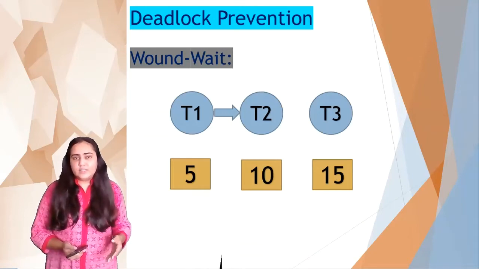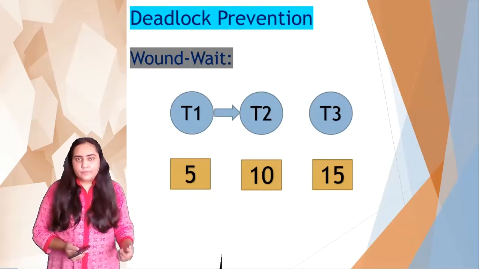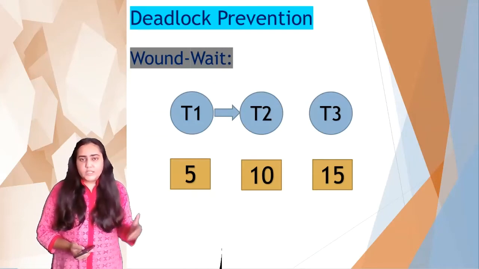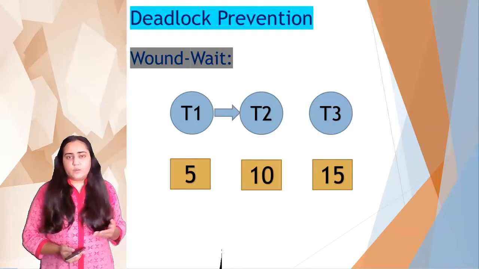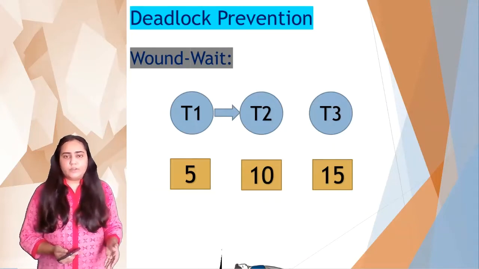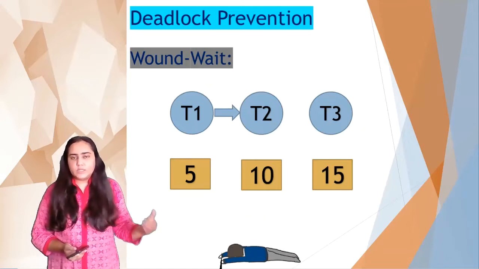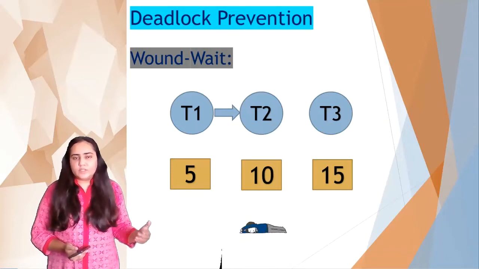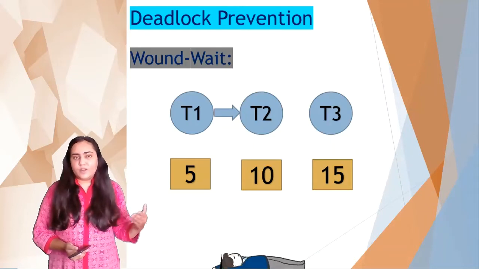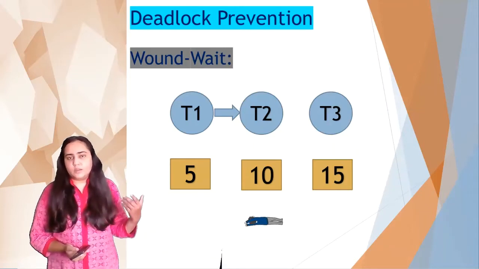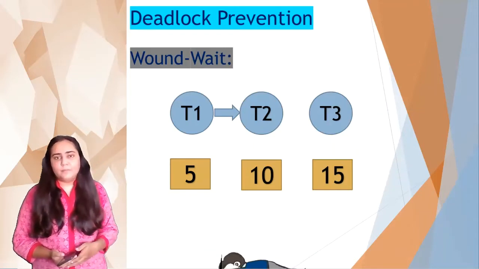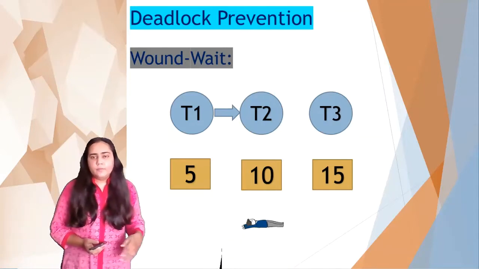So here the technique that is applied is wound. Remember, in the wait die technique, T1 would wait for T2, but in the wound wait technique, T2 will be rolled back. So it is also known as T1 wounds T2. So that is why it is known as the wound wait technique. Wound just means rollback. So T2 is rolled back.